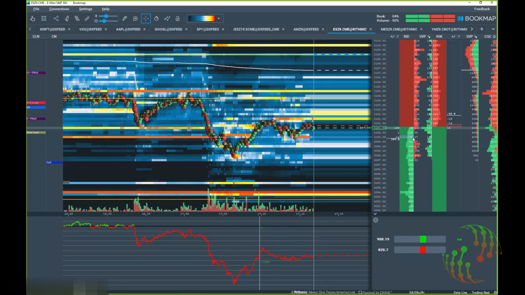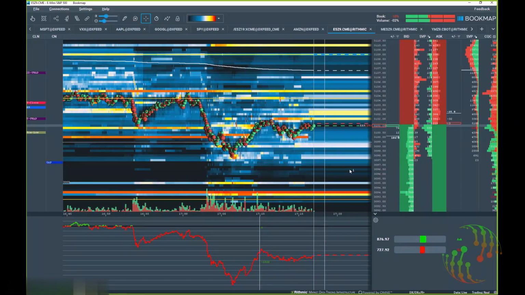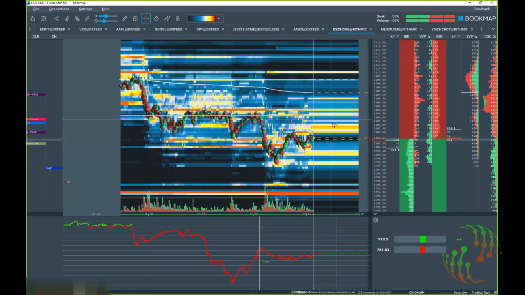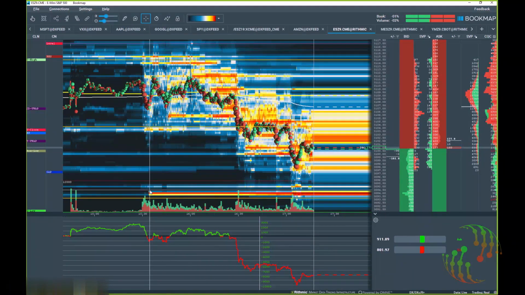I think we had 530 on this level. It was the same level like here. Then it was hit, then the price went up, and then they were suddenly cancelled. I wanted to say this would be my priority one liquidity, because it has been there since the start, since the session started at 9:30 Eastern time.